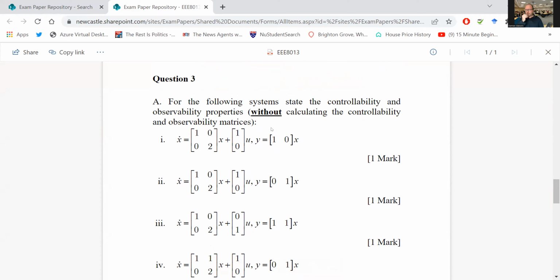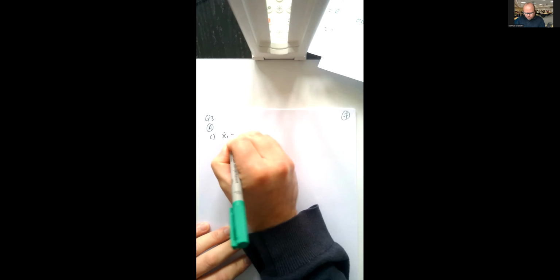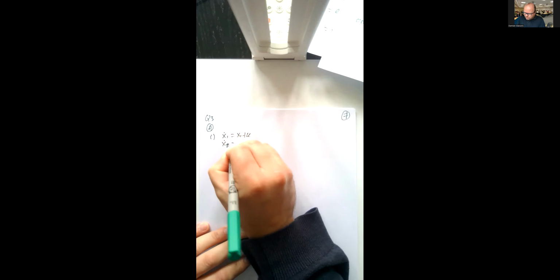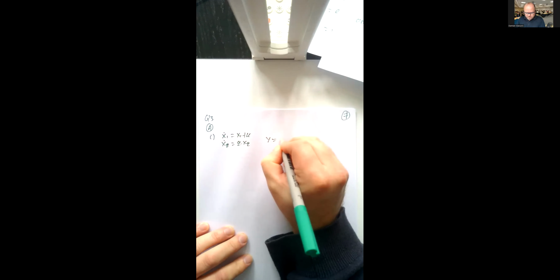Now, in order for you to answer this exam question, all that you have to do is to write down the ODEs and the output equation. So for the first system, I have x1 dot equals x1 plus u, x2 dot equals 2 times x2, and the output equation is x1.